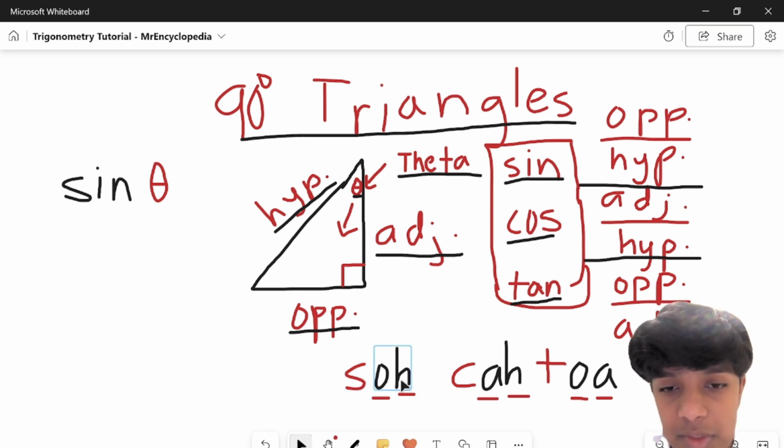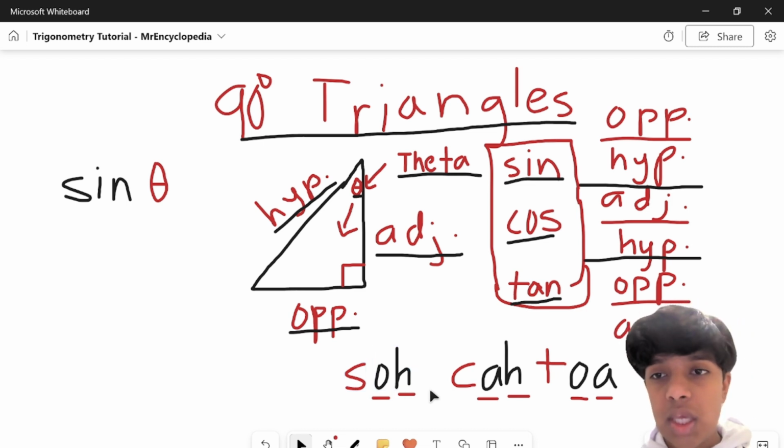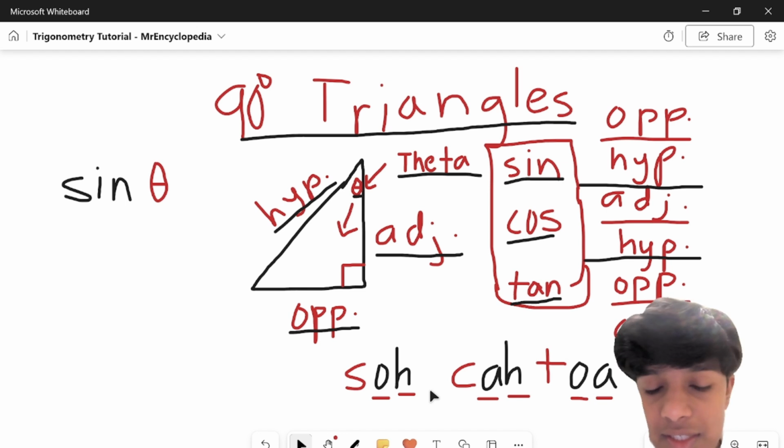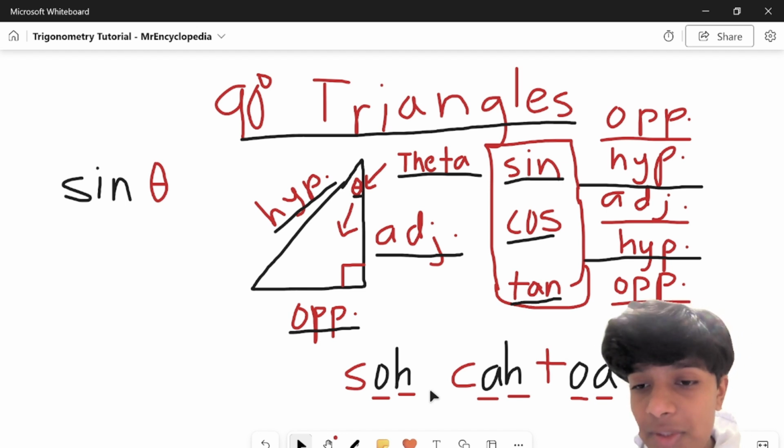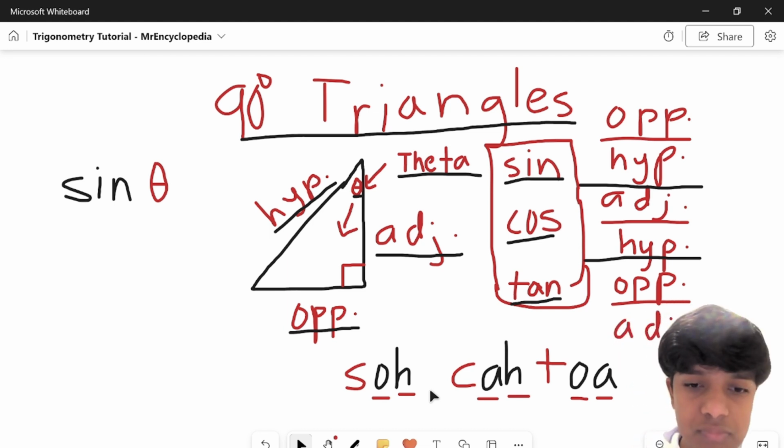SOH: sine is opposite over hypotenuse. I may have made an error earlier; sine is opposite over hypotenuse, not opposite over adjacent. CAH: cosine is adjacent over hypotenuse. And tangent is opposite over adjacent, and that is TOA. SOHCAHTOA.